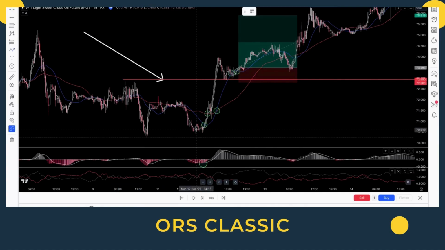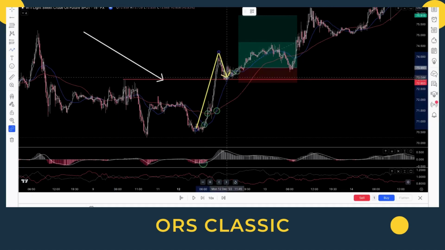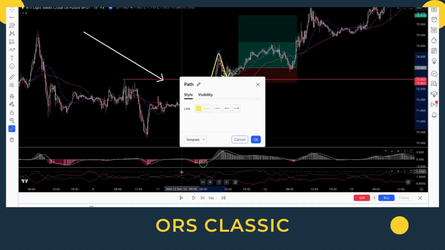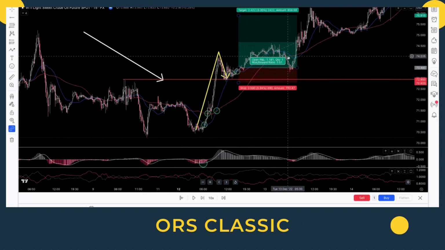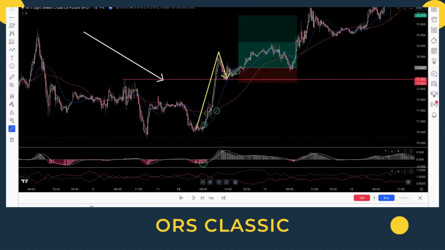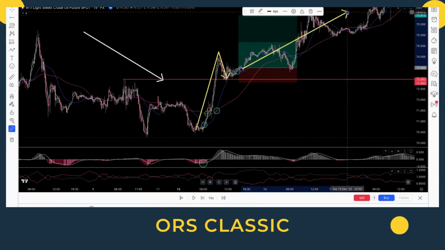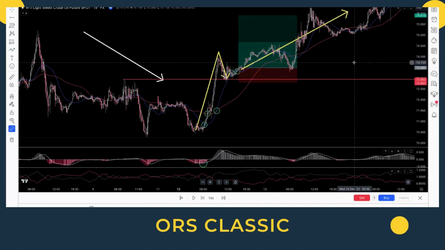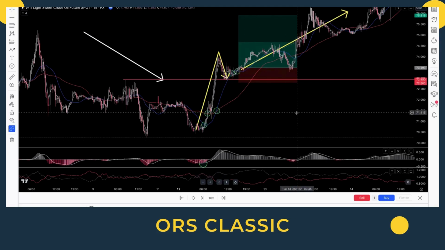Okay, somebody else's money for the entry, as well as this being the call. And here is the response, and that is the ORS Classic steps 1 through 6 for a minimal risk, profits and entry into the market.